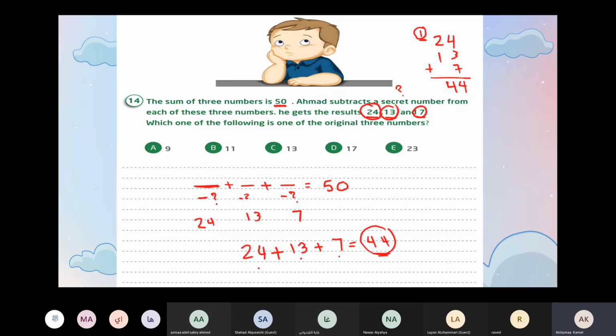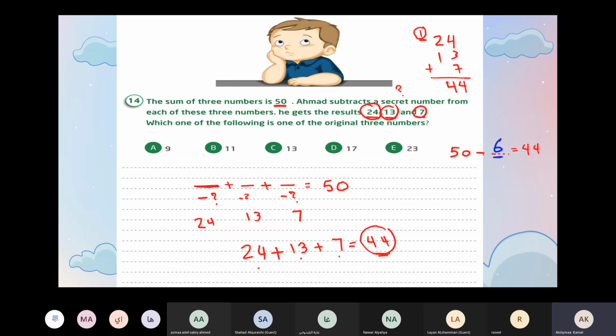The original numbers, when I add them together, I get 50. So 50 minus what equals 44? You can count back from 44 or count on from 44 to 50. 6, excellent.